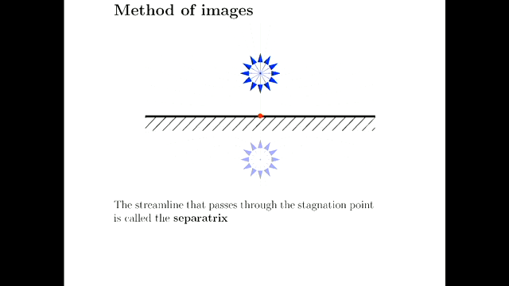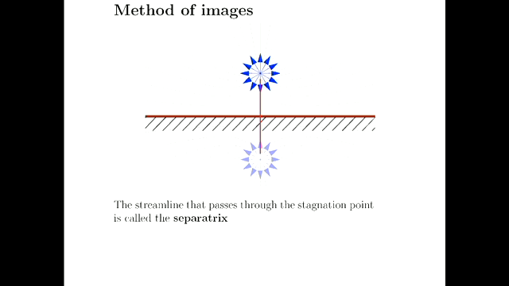Another definition: we've defined that stagnation point where u and v are equal to 0, and we also define the streamlines that pass through that stagnation point as lines of separatrix. Again, that name is pretty obvious because those streamlines that pass through the stagnation points actually demarcate or separate one part of the flow field from another.